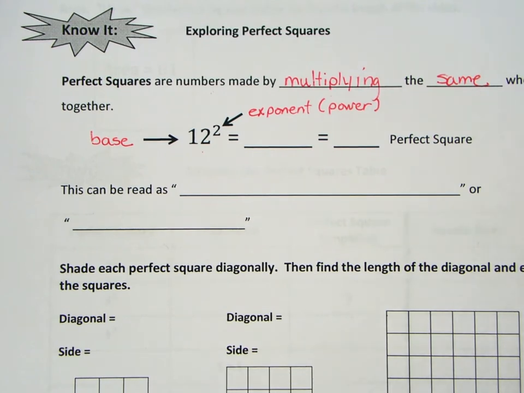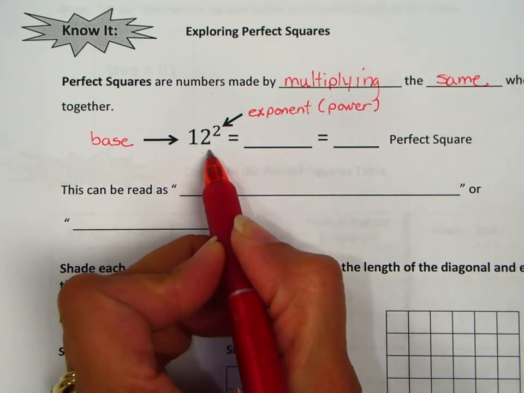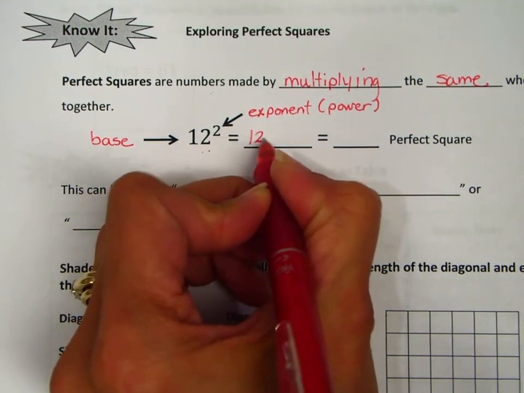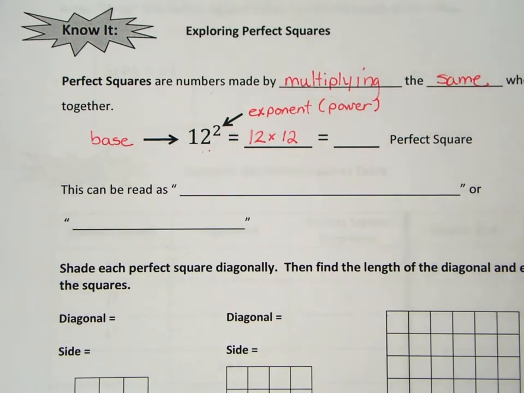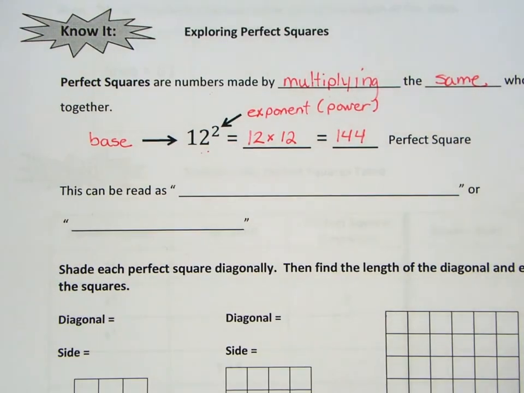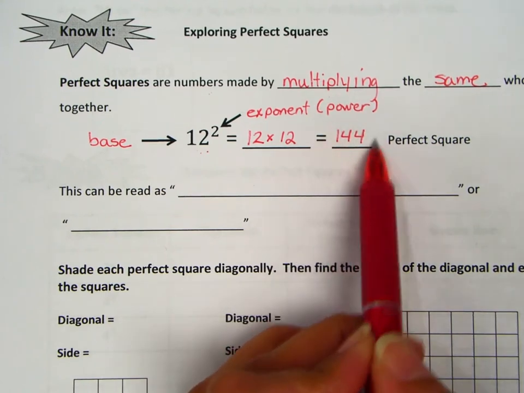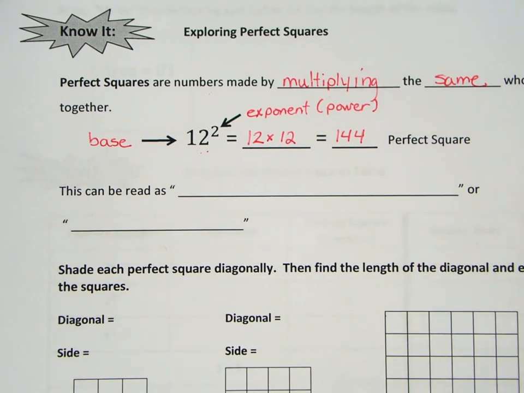So really all it is, is the short form of a multiplication problem. Well, what multiplication problem does this represent? 12 times 12. And 12 times 12 is 144. So because I can take 12 times 12 and I get 144, 144 is a perfect square.